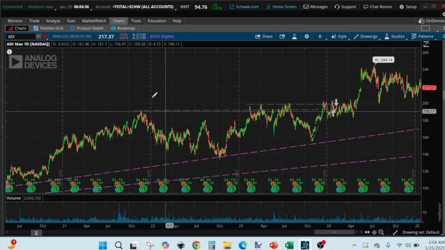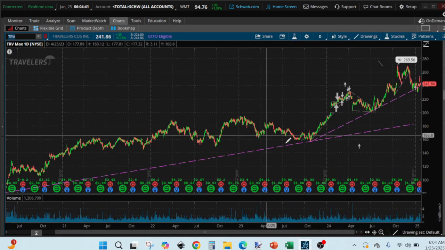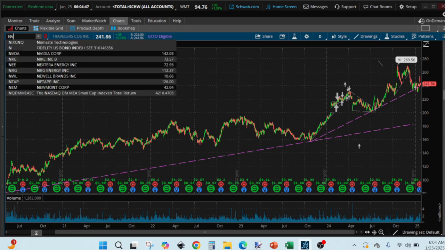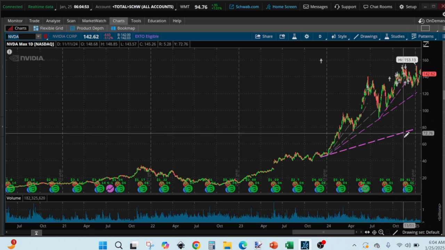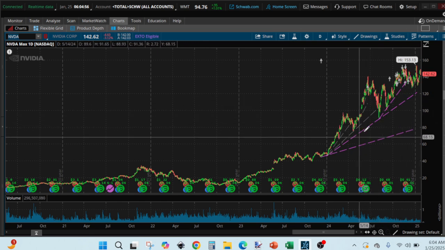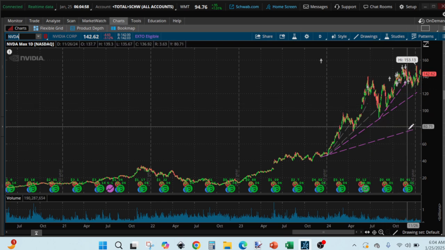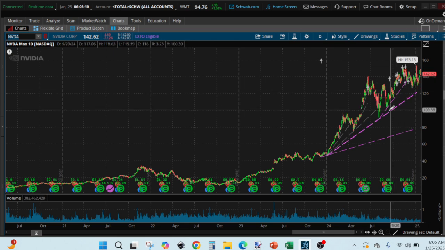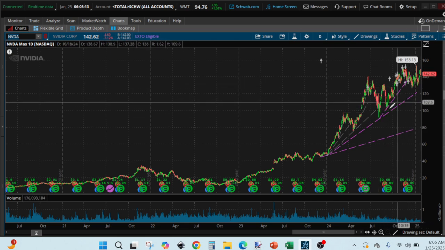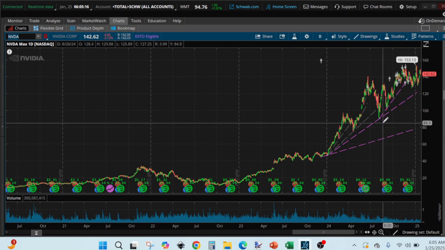Here we color them purple so that we can distinguish them from the short trend lines that we might have on the chart. And as the price continues to move, you will continue to extend your line, and depending on how the price is moving, you might even decipher other trend lines that were not obvious to you before.